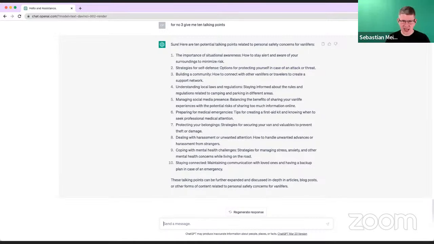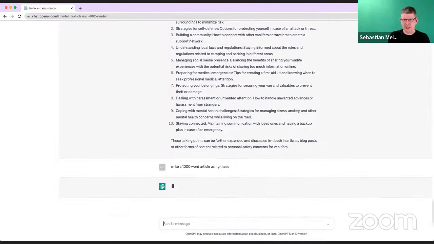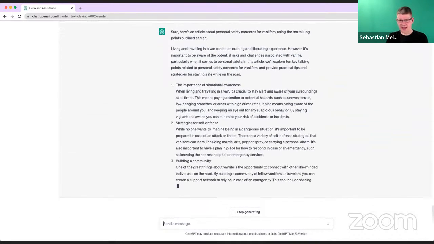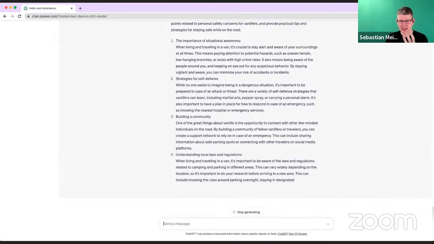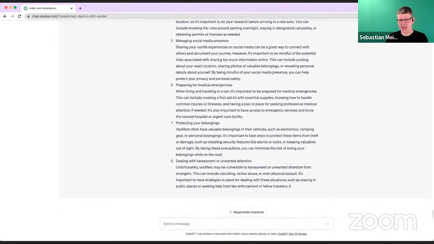Now, I can also ask it to write a 1,000-word article using these talking points. Wow. And it does that fast. However, now we are getting into those concerns. Yes. With hallucinations and legal questions.